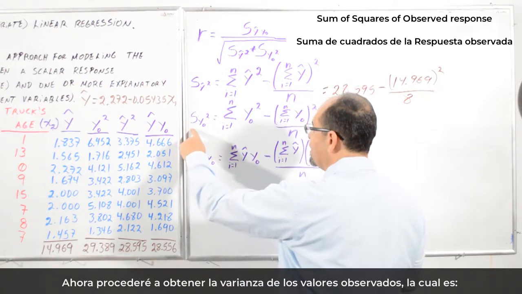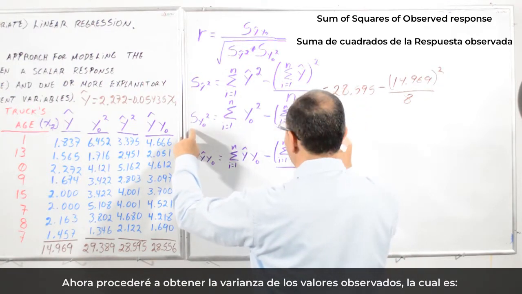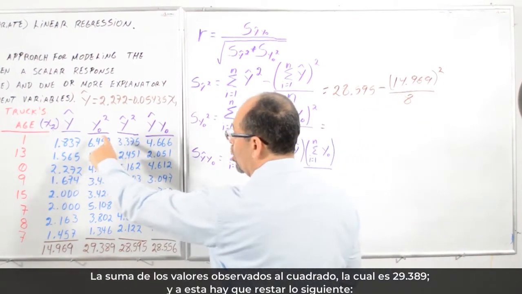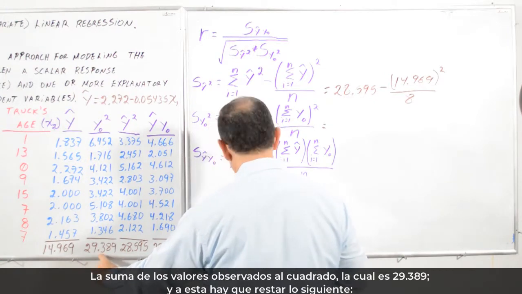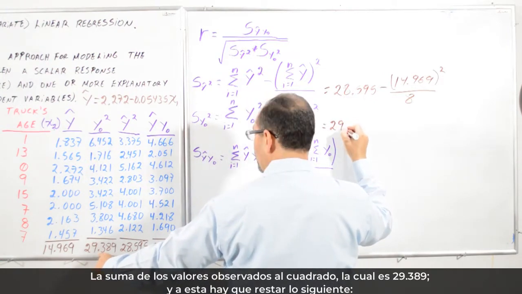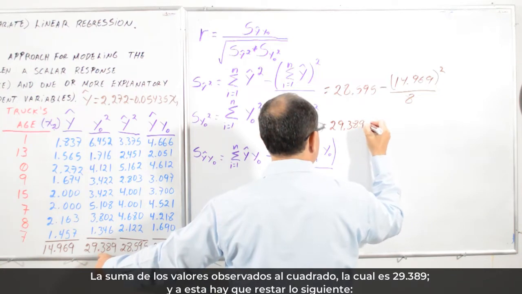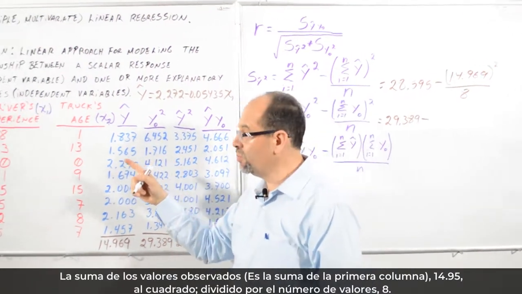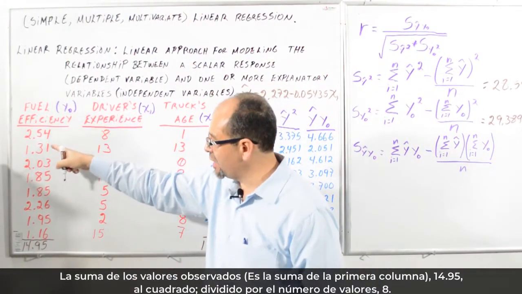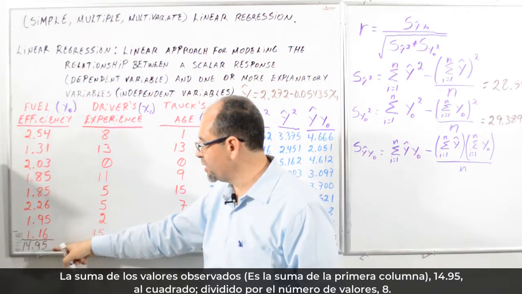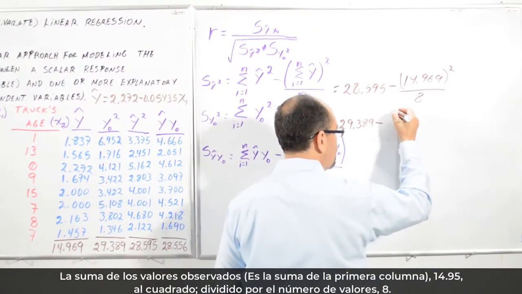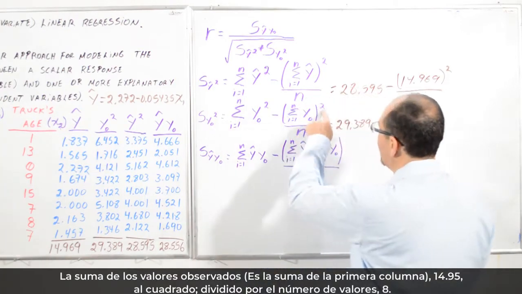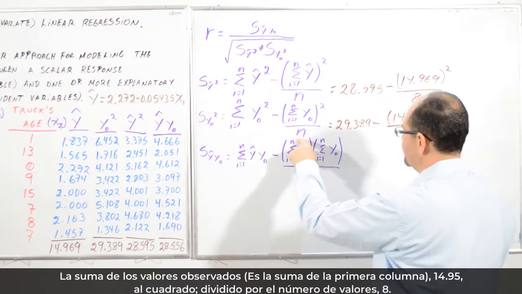Now, I will obtain the variance of the observed values, which is the sum of the observed values squared, 29.389, minus the sum of the observed values, which is the first column, 14.95, squared, divided by the number of values, which is 8.